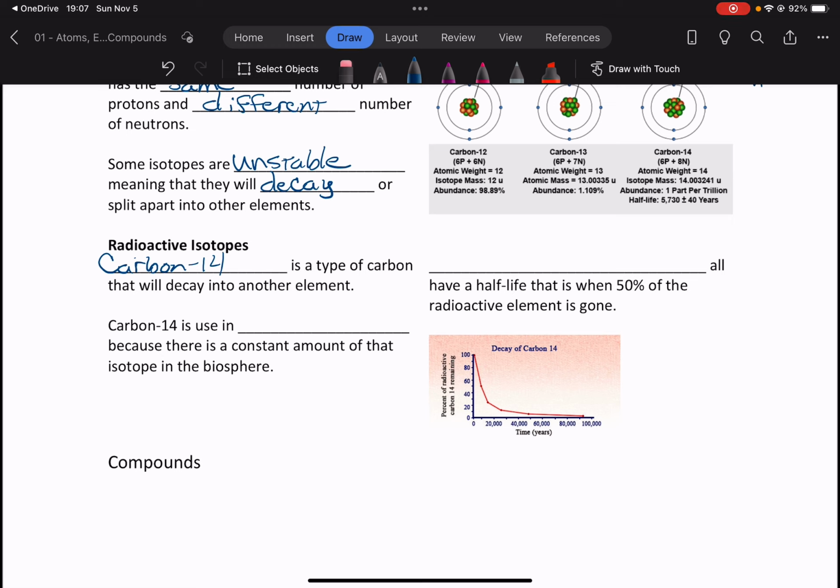And what we look at is what is called the half-life. All radioactive isotopes have a half-life, meaning the time it takes for half of an element to be gone. If you notice up on carbon-14, it has a half-life of 5,000 years.